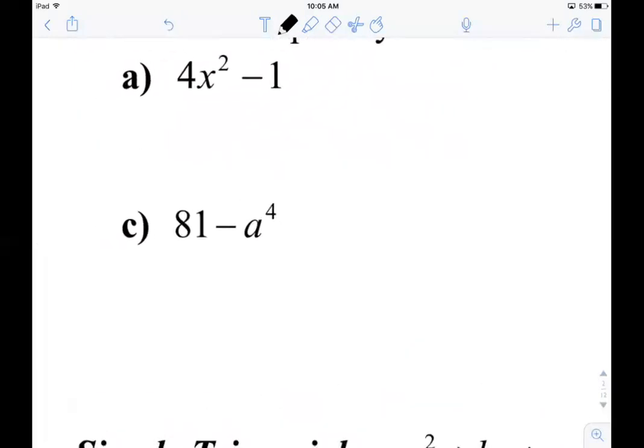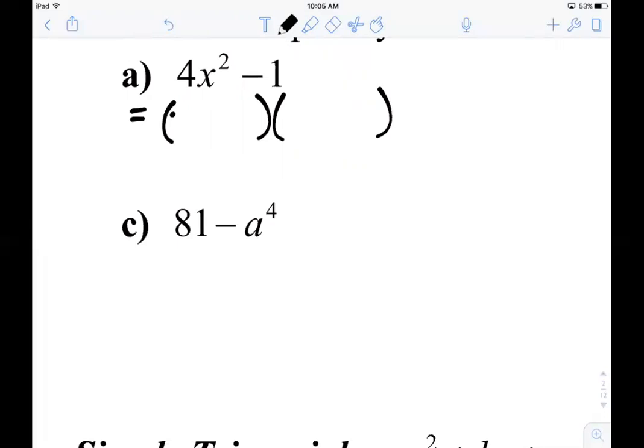So let's review how to do that. So here, 4x squared can be easily square rooted, and so can the number 1. So here we have a difference of squares, two things being subtracted from each other, and they're both things that can be easily square rooted. Well, the square root of 4x squared is 2x.